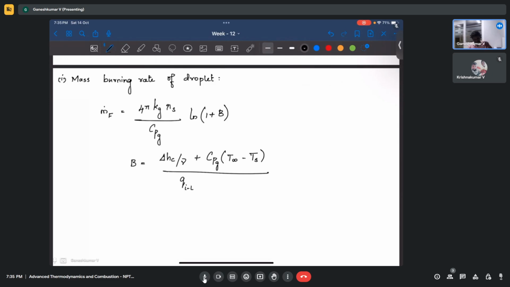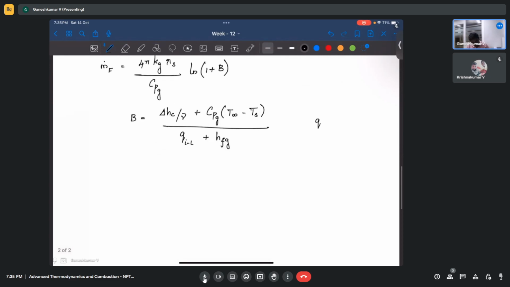This is the heat transfer from interface to liquid, plus HFG, which is nothing but the energy required for phase change. Let's write QIL also. QIL is nothing but Cp of liquid phase into Ts minus T naught.